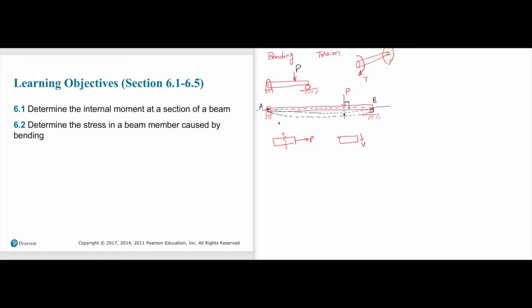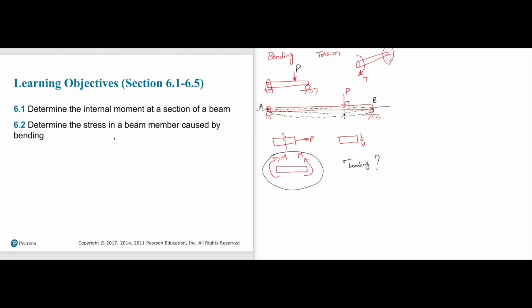That means take a beam, apply a moment M. What are we trying to do? We're trying to bend this. So even this sort of loading can cause stress. So the primary focus of this chapter is to calculate how much is that stress caused due to bending. That's the primary focus. Okay.